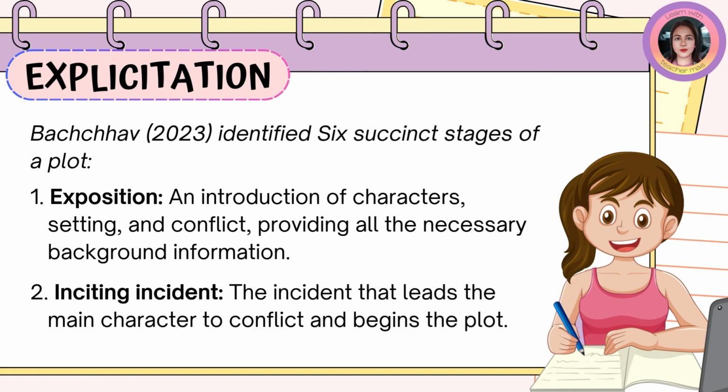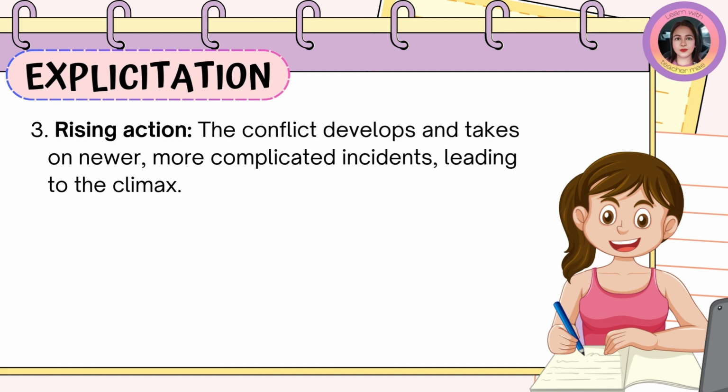Number 2, inciting incident, the incident that leads the main character to conflict and begins the plot. Number 3, rising action. The conflict develops and takes on newer, more complicated incidents leading to the climax.